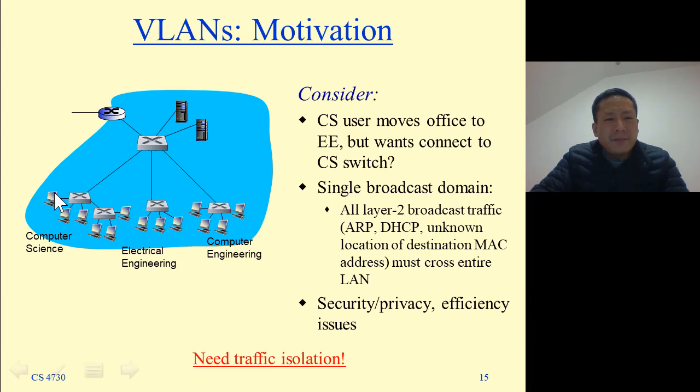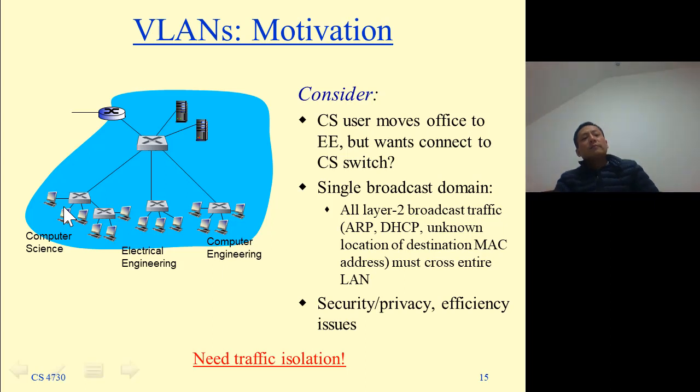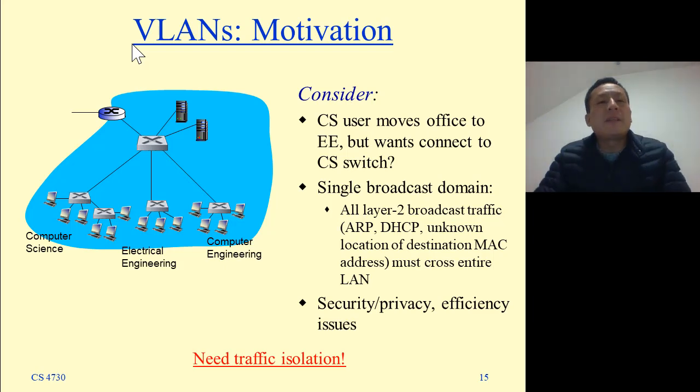You just want to see your own local area network's broadcast domain. So we need some kind of traffic isolation, and that can be handled by VLAN. Instead of building a huge LAN with many hosts, we can build individual, logically isolated virtual LANs.